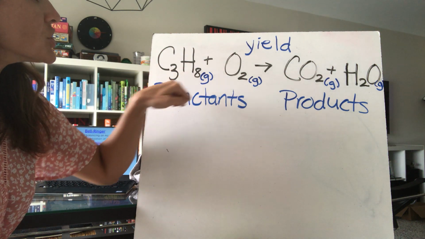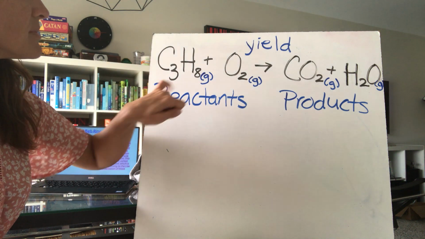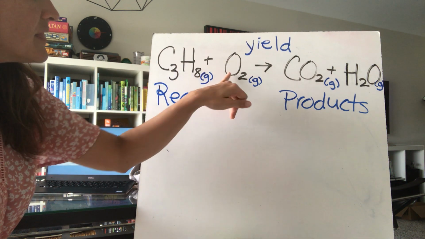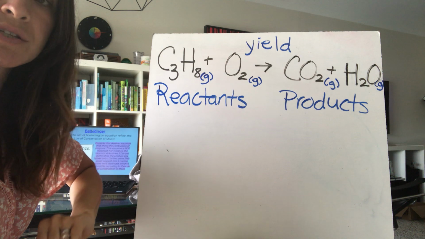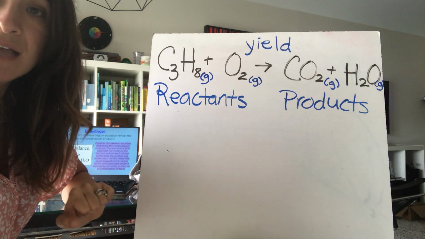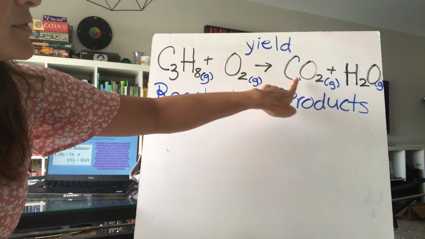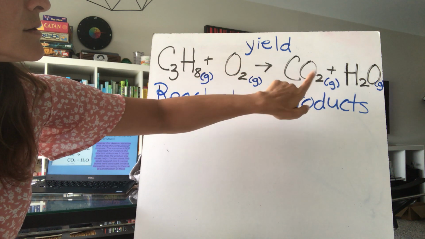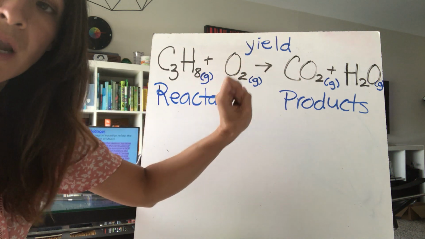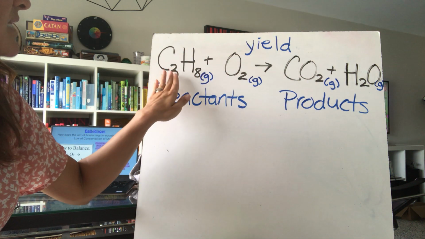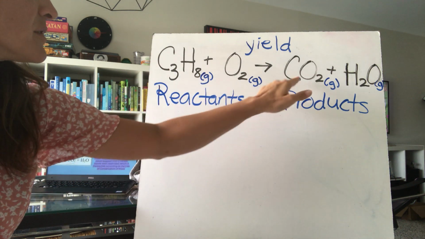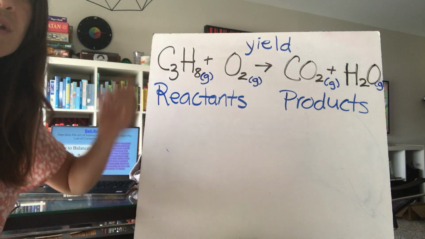Here, C3H8 tells me there's 3 carbons and 8 hydrogens, and this oxygen tells me there's 2 oxygens. On the product side, however, this carbon, there's no subscript, meaning there's just one. That means that on the reactant side, there are 3 carbons, but on the product side, there's only 1. What's wrong with that?